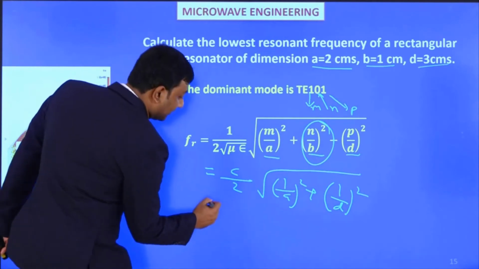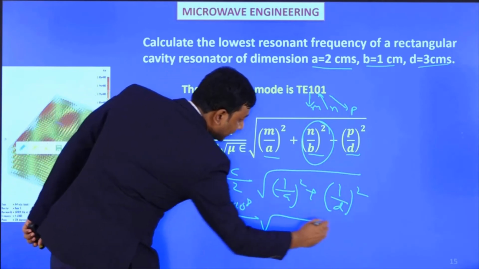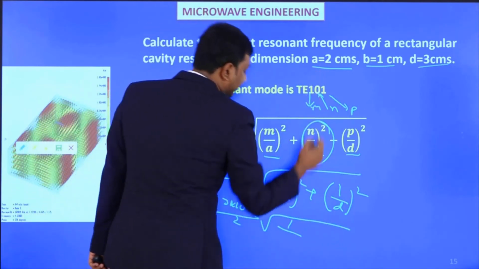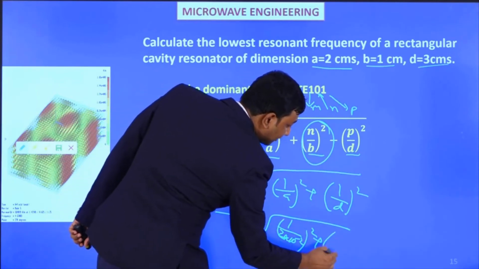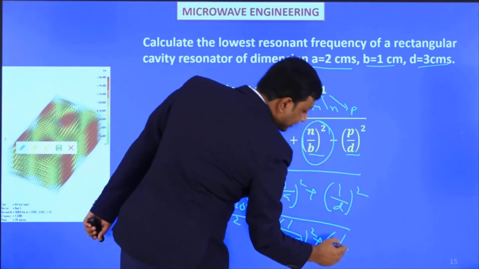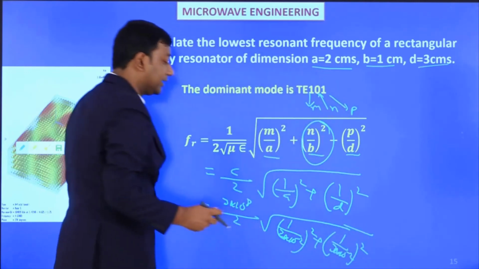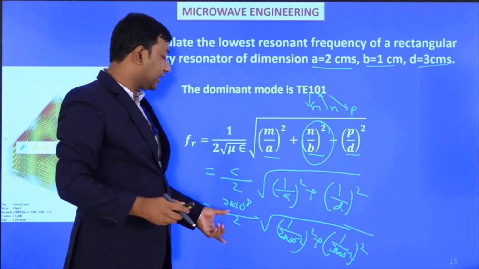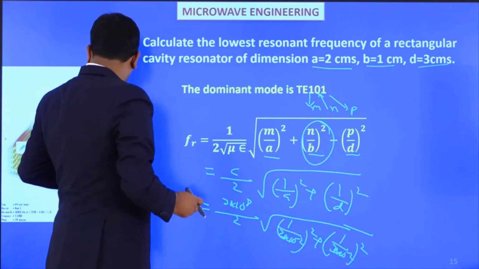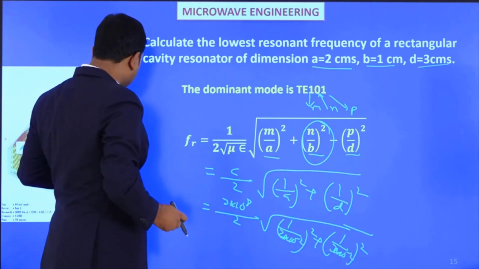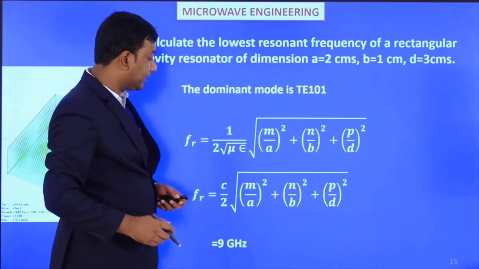Now we place c equal to 3 into 10 to the power 8, divided by 2, root over 1 by a, with a equal to 2 into 10 to the power minus 2 in meters, plus 1 by d, with d equal to 3 into 10 to the power minus 2 in meters. If we solve this, we get its resonating frequency. Okay. So the resonating frequency of that rectangular cavity resonator will be 9 gigahertz.